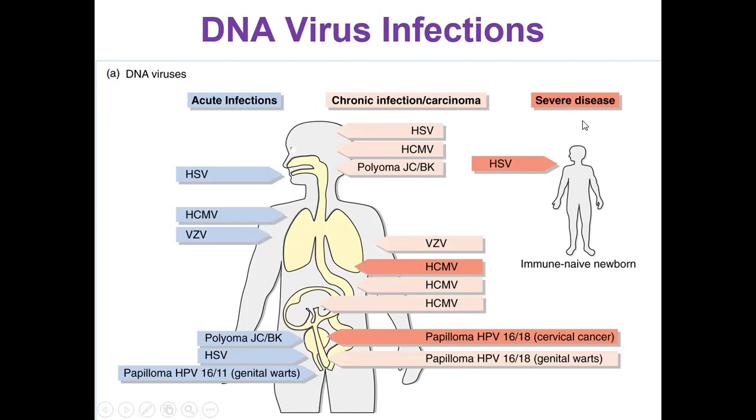Some viruses are known to cause very severe diseases, maybe in immune naive newborns, babies whose immune system has not been fully developed, or in immunocompromised individuals, people who are elderly or receiving chemotherapy, etc.